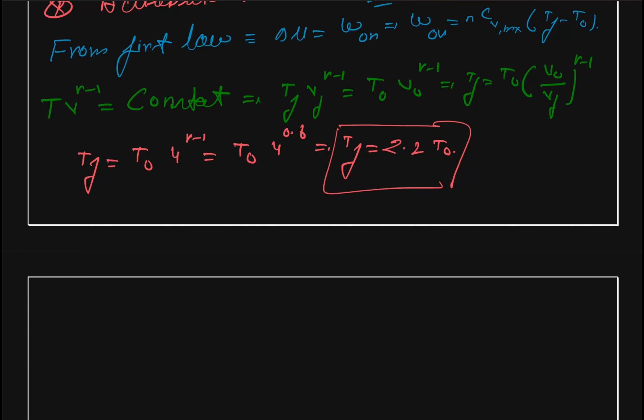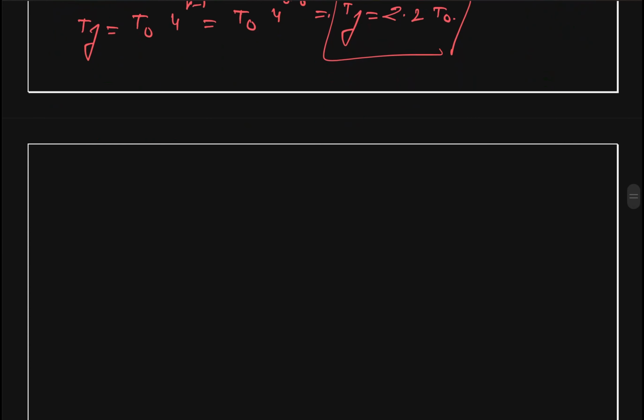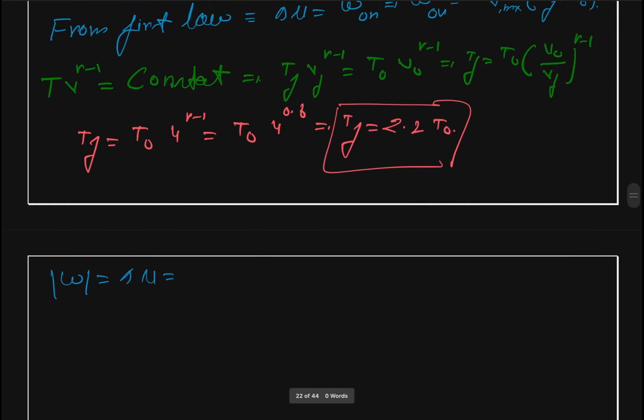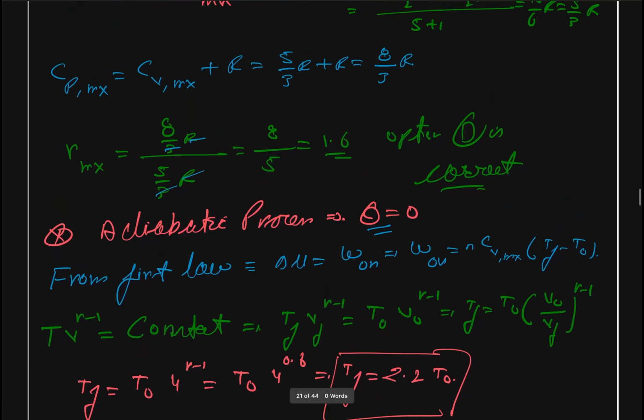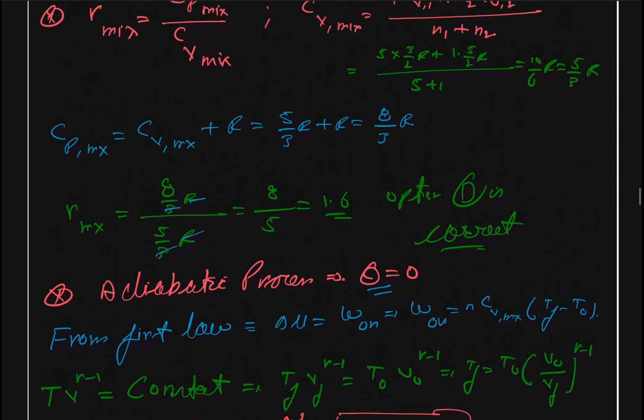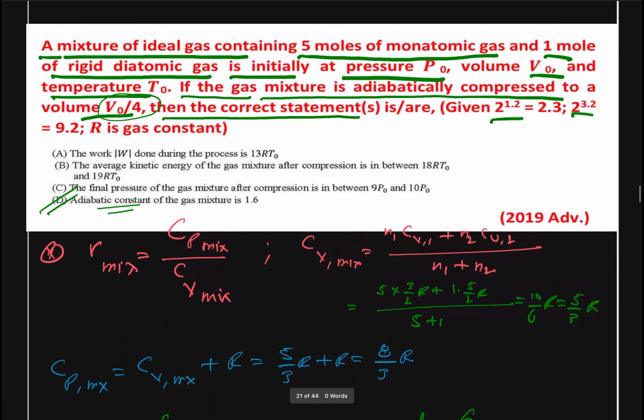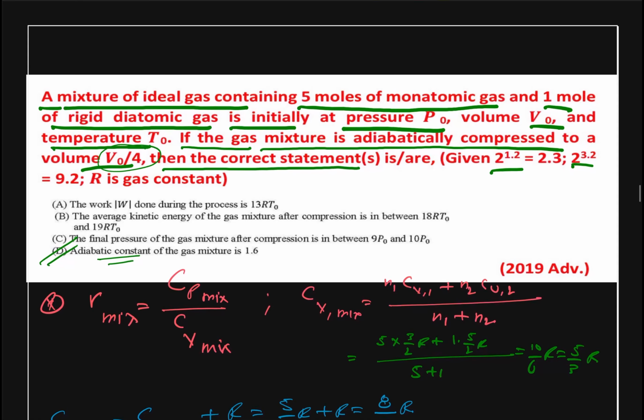So we get the work done. Let us take only the magnitude, it will be equal to delta U, and that will be equal to n C V mix. C V mix is our 5R/3, and total moles is 6.